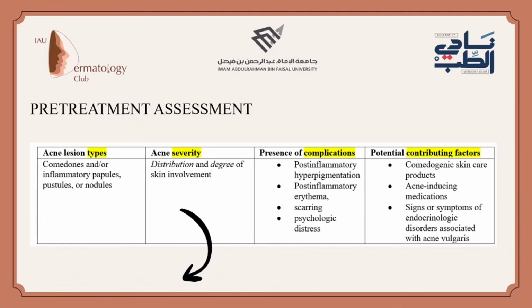Okay, before we choose a treatment, we have to do a thorough assessment. First, we will look at the type of lesion. So, is it comedonal? Is it an inflammatory papule or pustule? Or is it a nodule? Then we will assess the severity. I will discuss it in the next slide. Then we will look at the presence of complications such as post-inflammatory hyperpigmentation or post-inflammatory erythema, scarring, psychological distress.